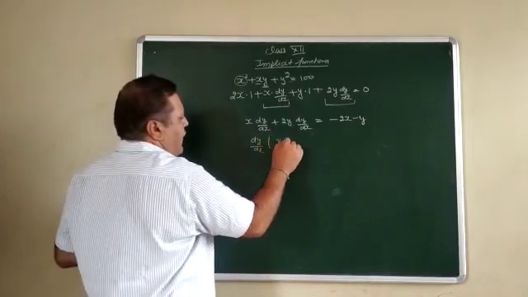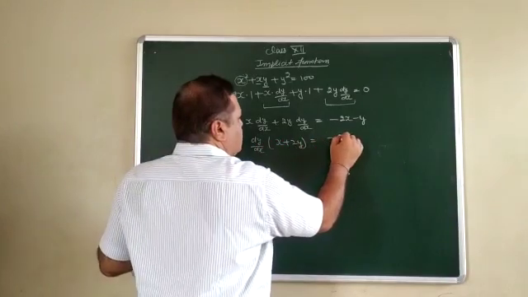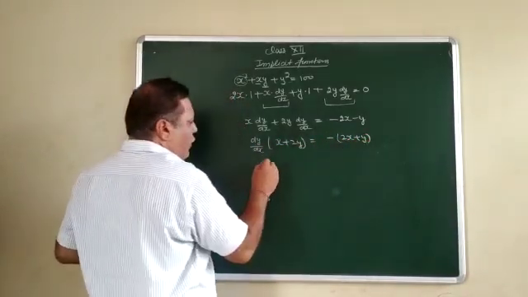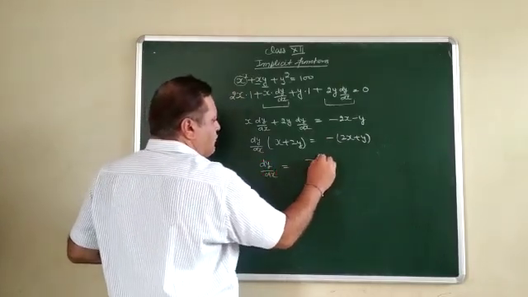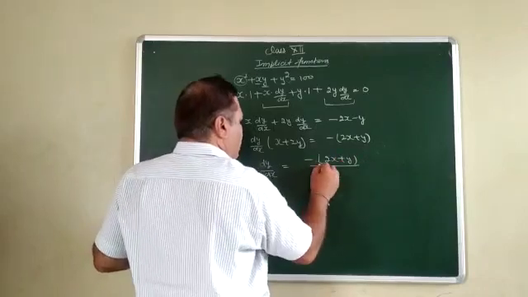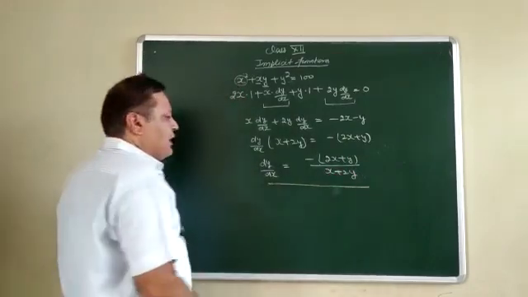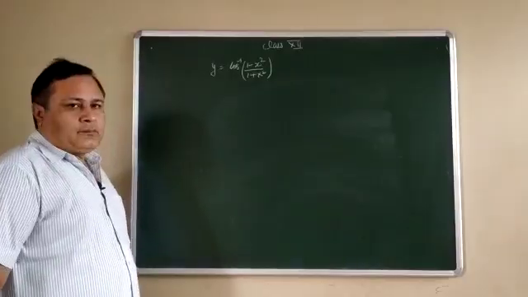What is left? x plus 2y is equal to minus (2x plus y), so dy by dx is equal to minus of (2x plus y) upon (x plus 2y). So this is called the derivative of a function for implicit functions.